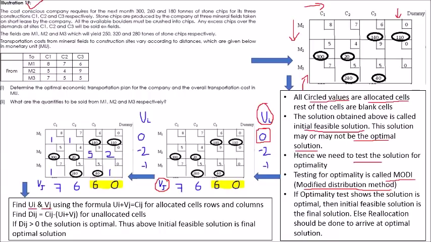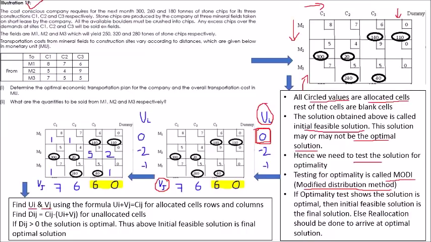For example, if my third row has more allocations, I will assume that row as 0. But in this case, each row has two allocations, so I am assuming my first row as 0.